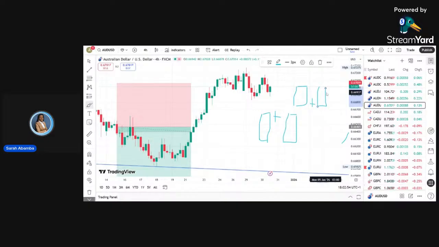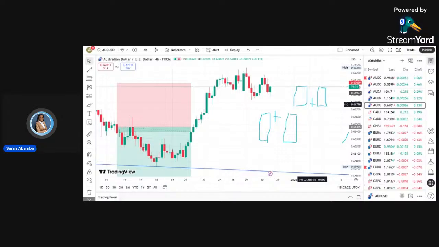So for the bearish star pattern, the middle candlestick is at the top. For the bullish star pattern, the middle candlestick is at the bottom. Hope you are getting it clearly, it's not confusing.